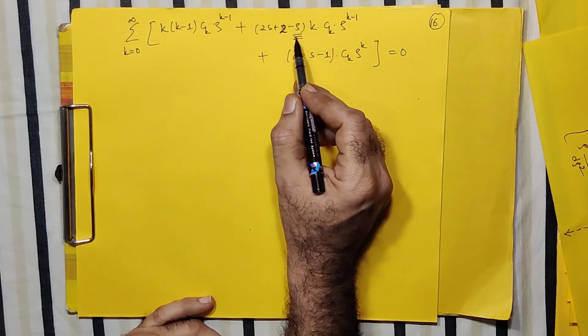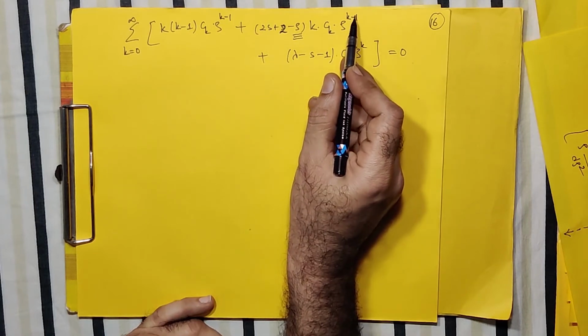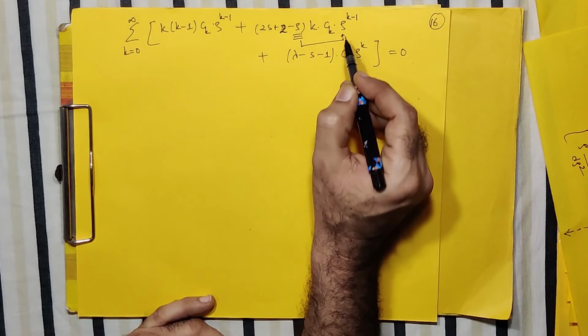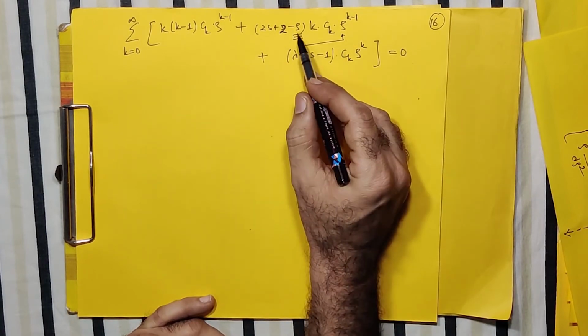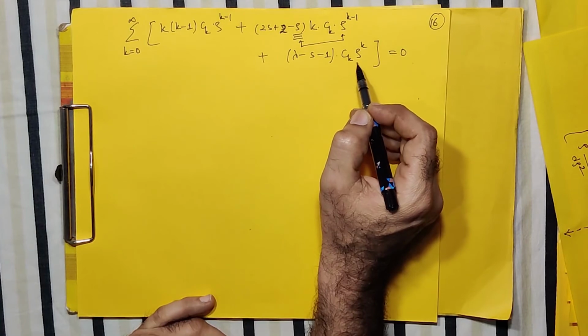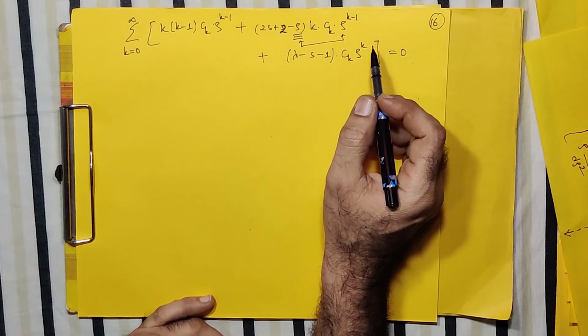So if I open up this bracket, rho into k c k rho raised to k minus 1 will give you rho to the k. You can see that. If I combine only this part, the power of rho will be rho raised to k, and that rho raised to k term can be mixed with this, correct?